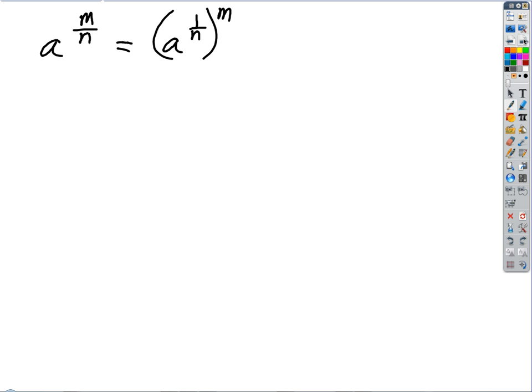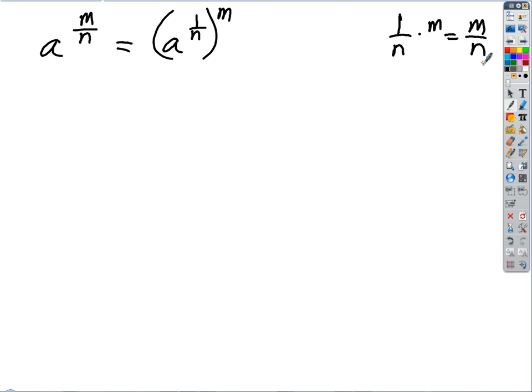We know that I could break that apart into a to the 1 over n to the m, because our property of exponents is, if I take a power to a power, I multiply the exponents. And isn't 1 over n times m just equal to m over n?